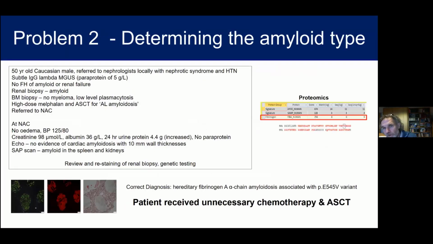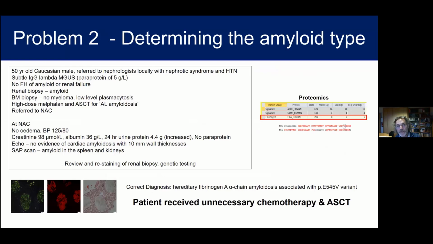The second problem that I'd like to highlight is nicely illustrated by a case that we have, and I suspect that most of the amyloid centers around the world have similar cases. This is a 50-year-old Caucasian male who was referred to the nephrologist locally with nephrotic syndrome in the context of a subtle IgG lambda monoclonal gammopathy.